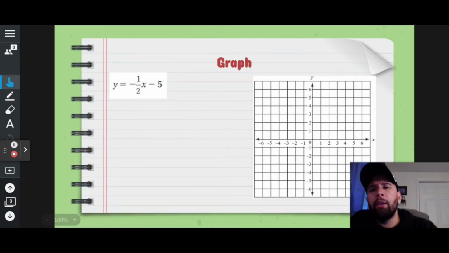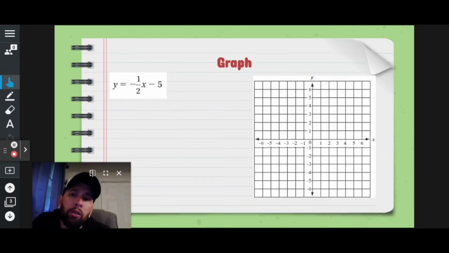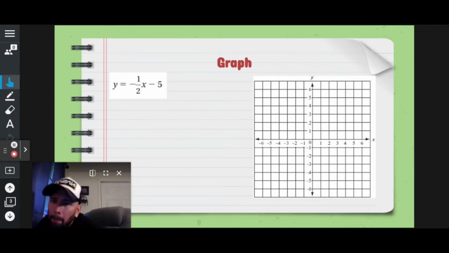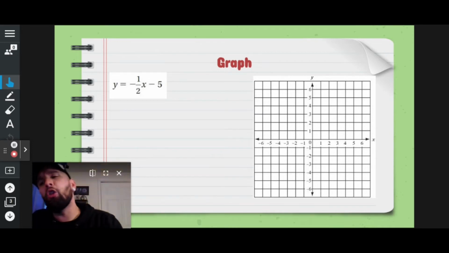All right. I am going to move my face, and I'm going to graph y equals negative 1/2 x minus 5. What I have here is something in slope-intercept form.